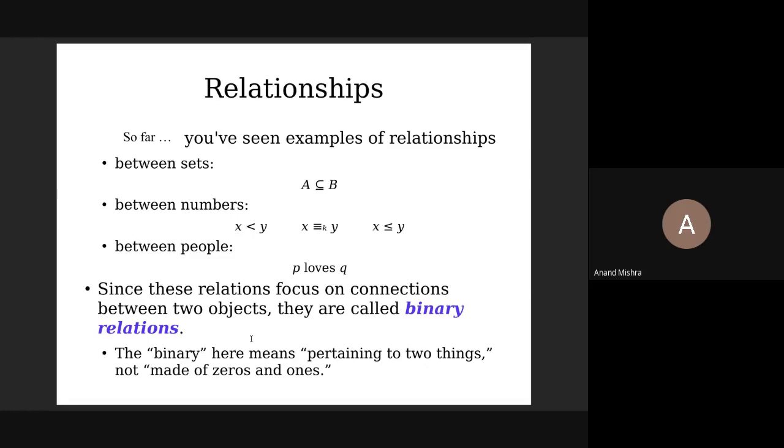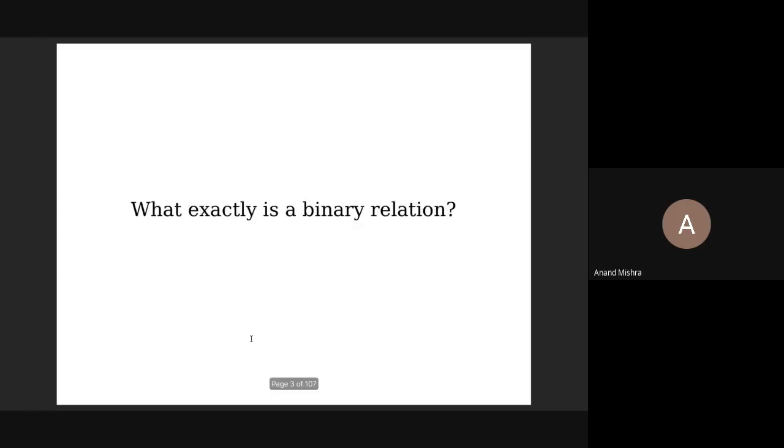It may not always be a comparison; comparison is just one example of a relationship. You have two objects given, and you find out how they are related. Binary here means pertaining to two objects, and it has nothing to do with zeros and ones.